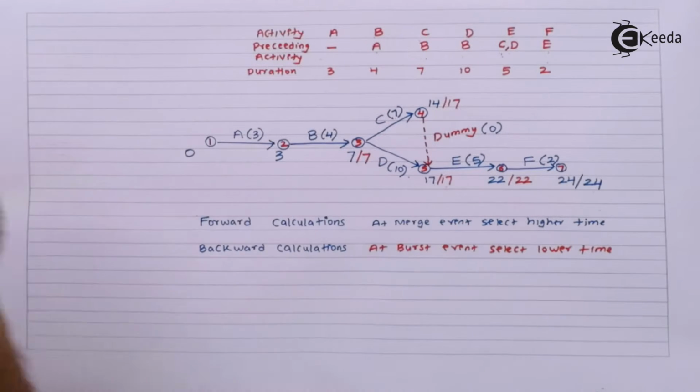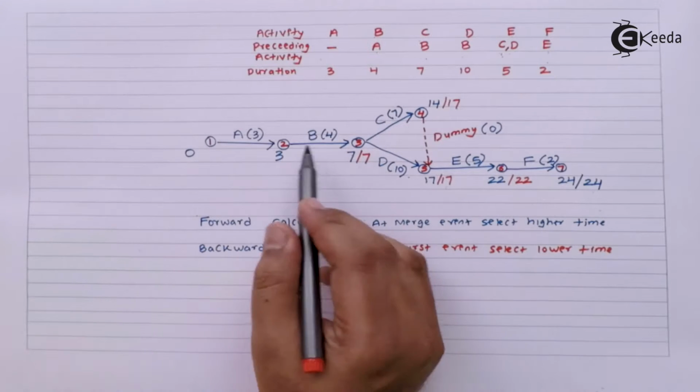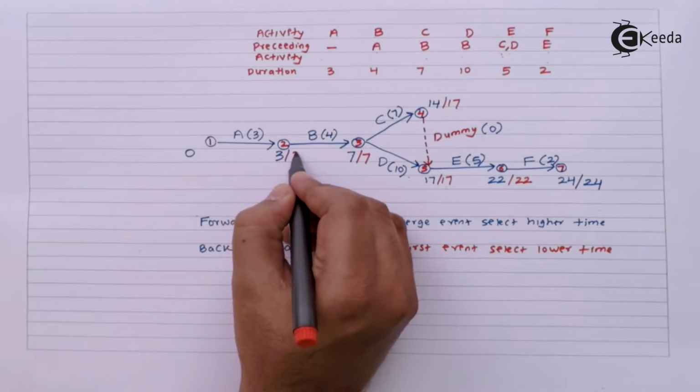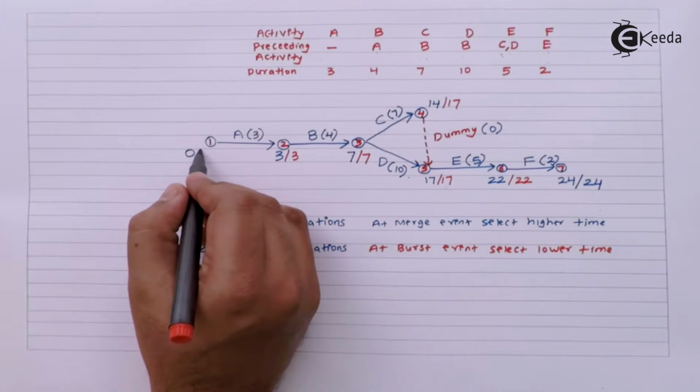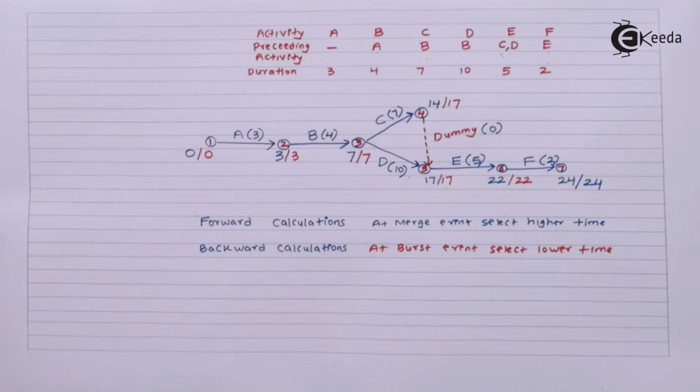Whichever is lower, 7 will come. Now 3 to 2, it will be 7 minus 4, 3, and 2 to 1, it will be 3 minus 3, 0. So it is the test that once you get the 0, that means your backward calculations are almost correct. If you get 0 automatically, that means your backward calculations are correct.